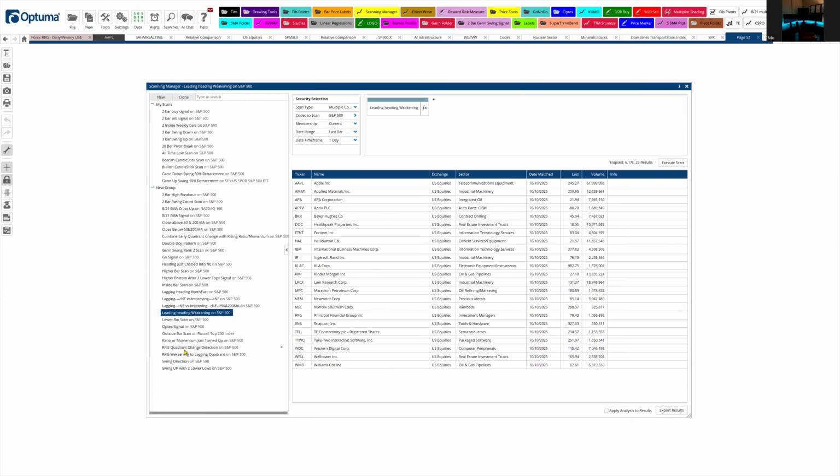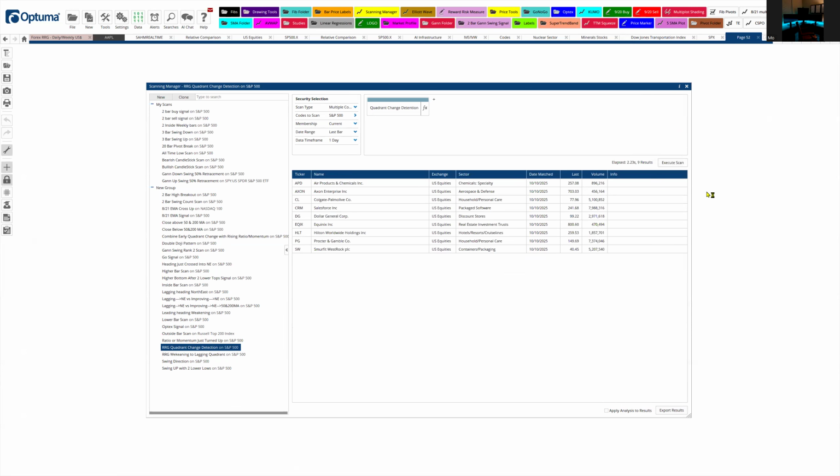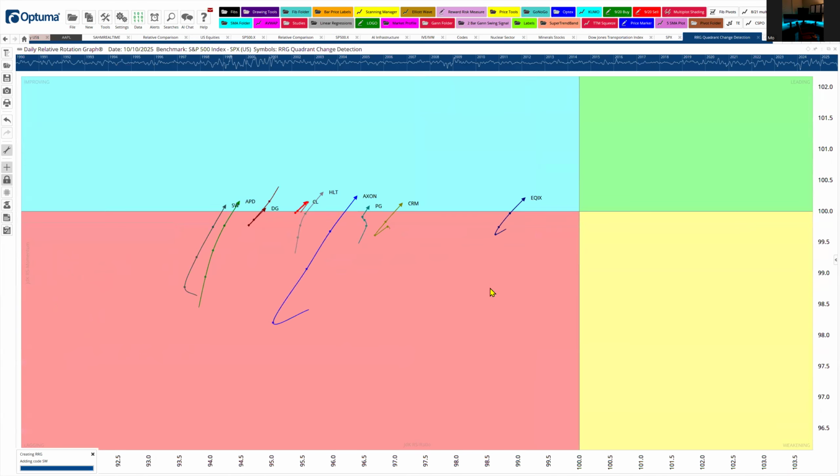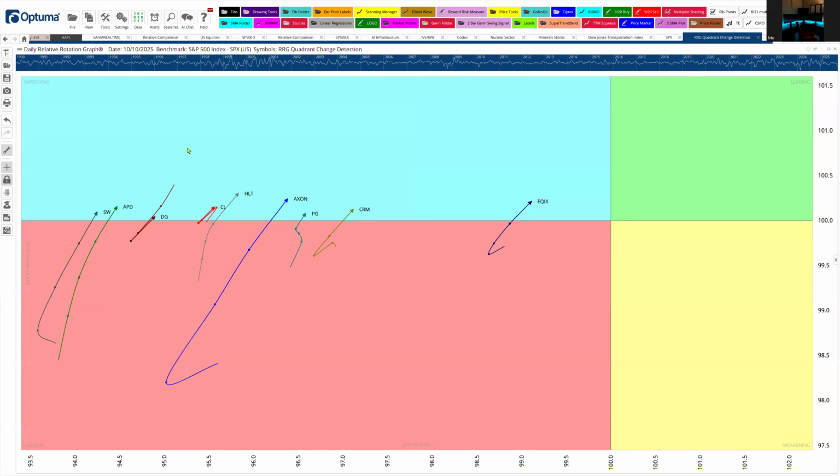So we have a quadrant change. These are the ones that just changed their quadrant. See, it poked into improving now. So all it is is any current.